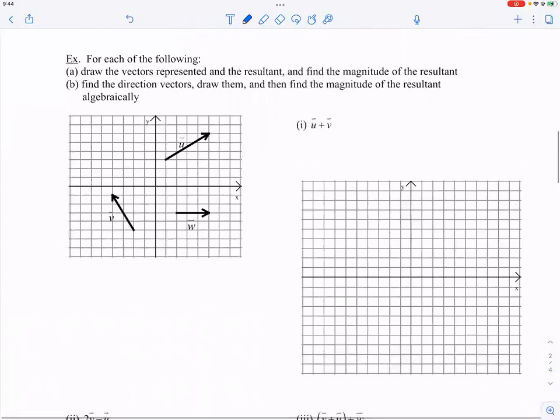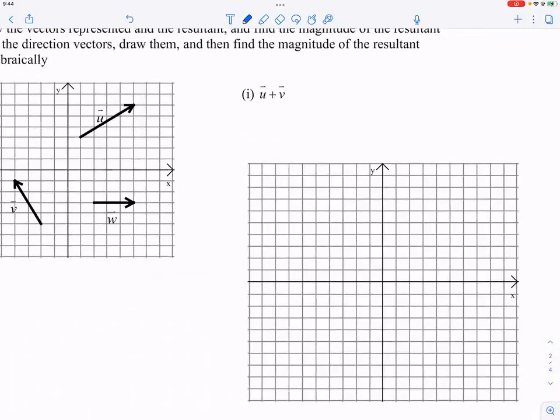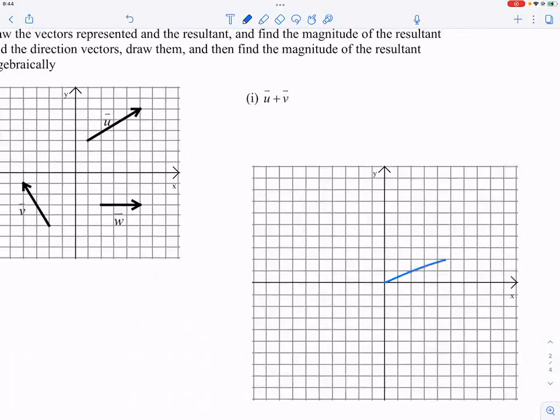So u plus v. Let's go ahead and draw this. u is 3 units up, 4 units right. So this is u. And then v is 2 units to the left and 4 units up. So this is your vector v.